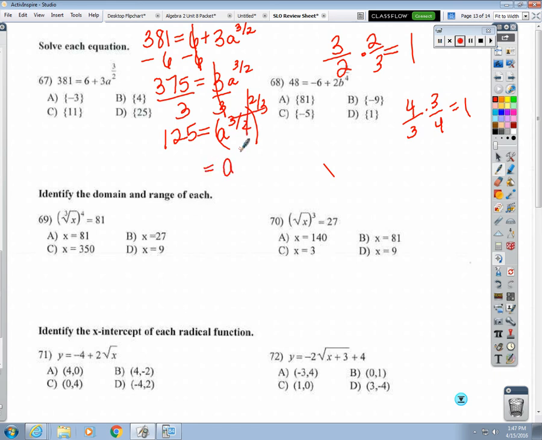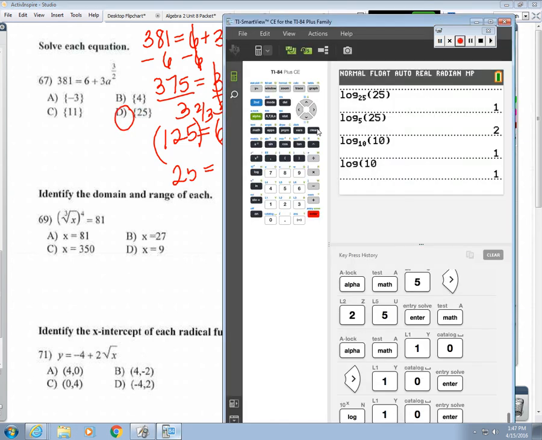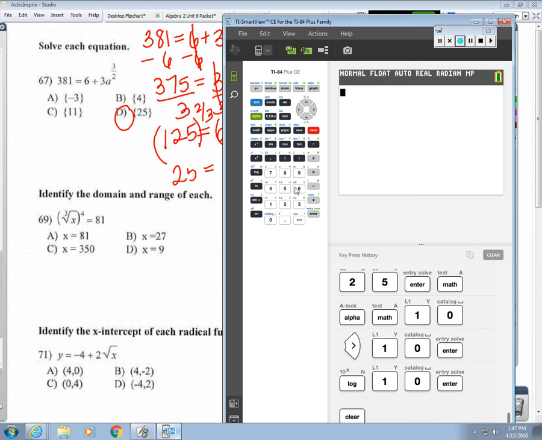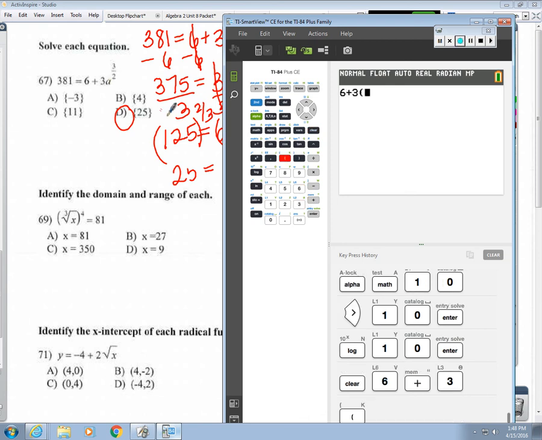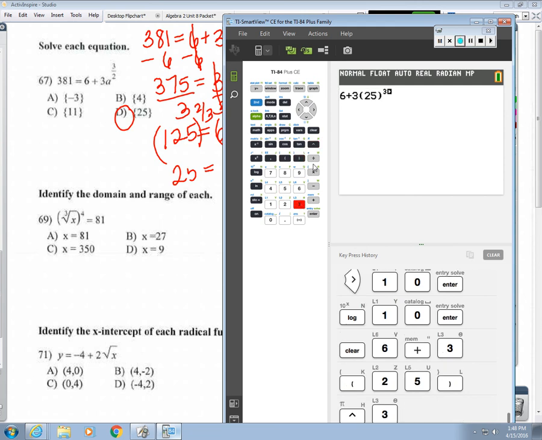But what does that mean? The other one has to be raised to the 2/3. And what is 125 to the 2/3? 25. So D. Now remember, you do have the choice of just plugging them in. 6 plus 3 times a, which we know is 25, so I'll just plug in that one, raised to the 3 halves.